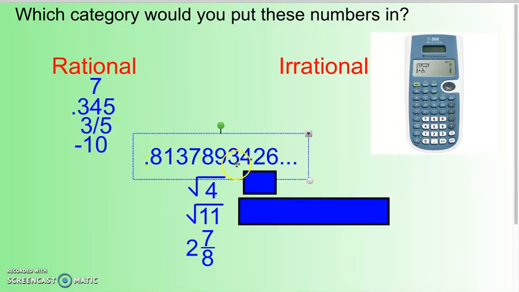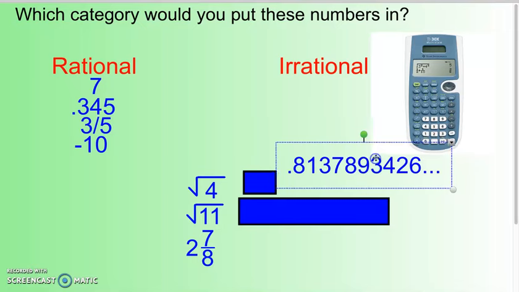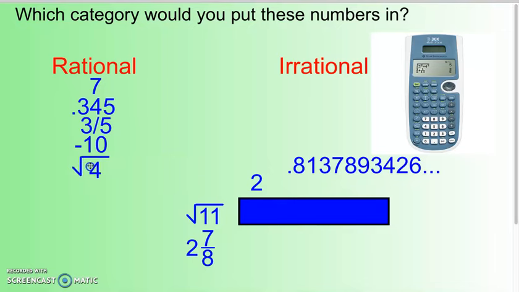How about this decimal? It goes on infinitely with no pattern. Yep, this category. And how about square root of 4? Well, if I put it in the calculator, this is what I get. I get 2. So you are absolutely right. It goes in this rational category. How about this one?